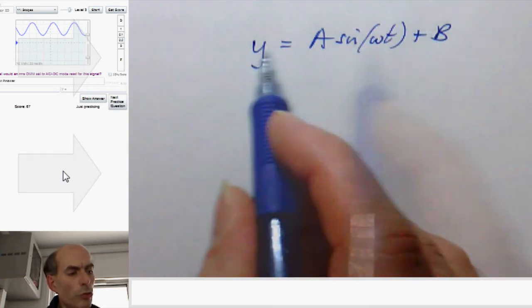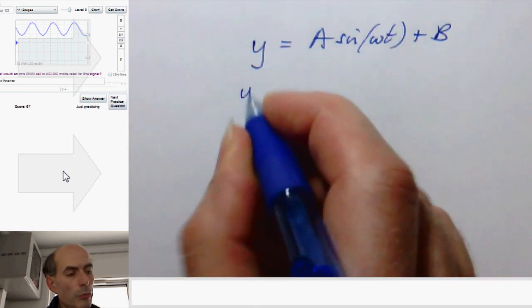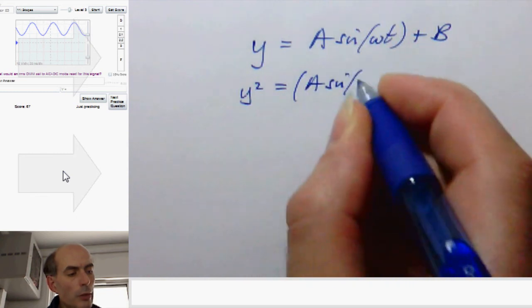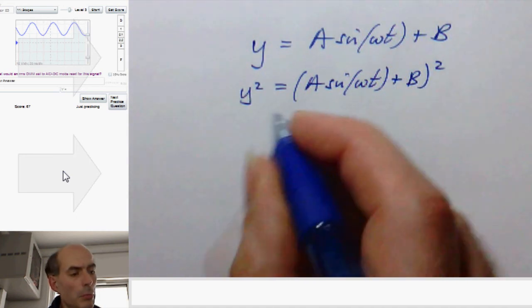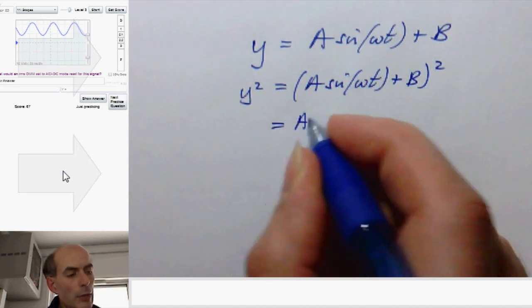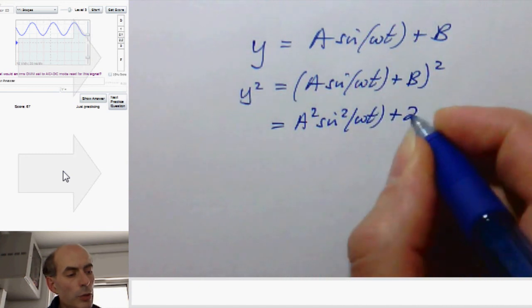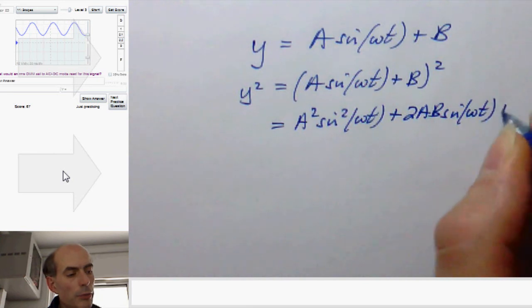If we ask what is the RMS value of this, we can work it out in a similar way to before. You first square this. That would be a sine omega t plus b all squared. Multiply that out. We'd get a squared sine squared omega t plus 2ab sine omega t plus b squared.